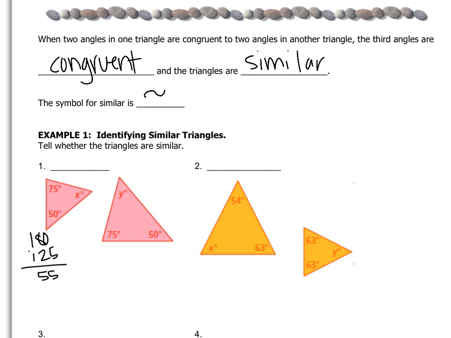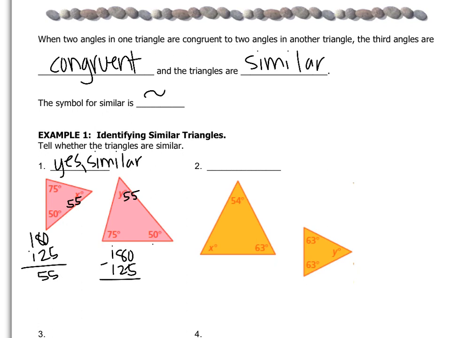So this is 55. But obviously this is also going to be 55 because it's still 75 and 50, right? So it'd still be 180 minus 125. So if they have all of the same angle measurements, then yes, they are similar.